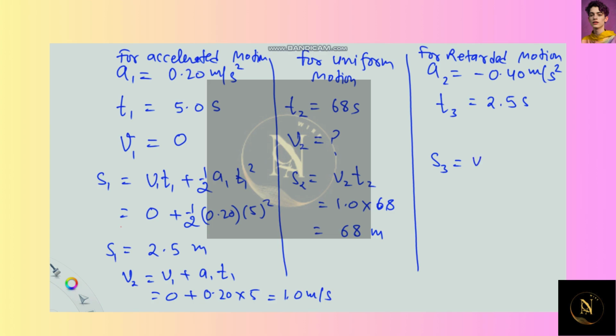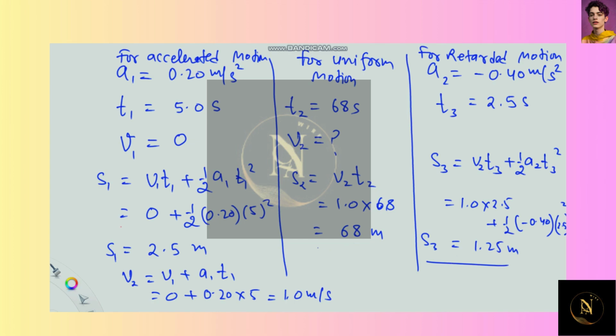So S3 is equal to v2 t3 plus half a2 t3 square, means this is v2 means 1.0 multiplied by t3 means 2.5 plus half a, which is minus 0.40, and square of time, which is 2.5 again. So this S3 calculated to be equal to 1.25 meter distance traveled during retarded motion.